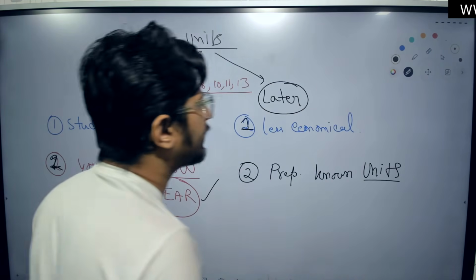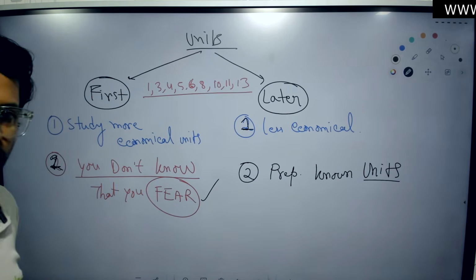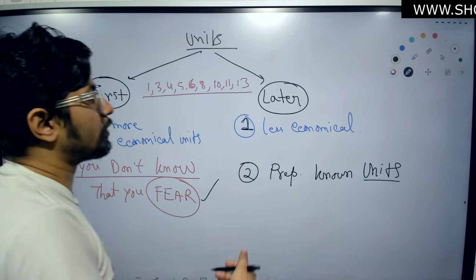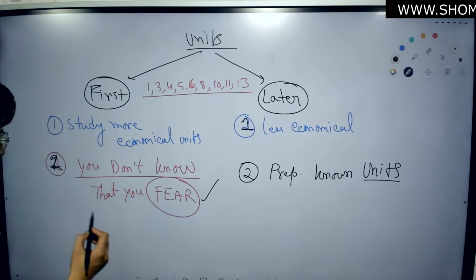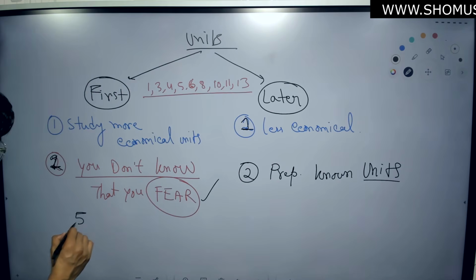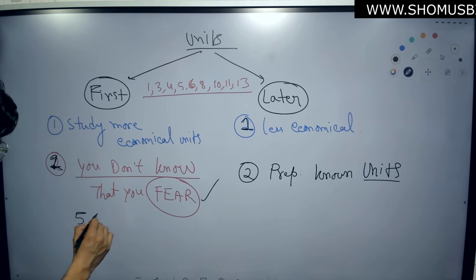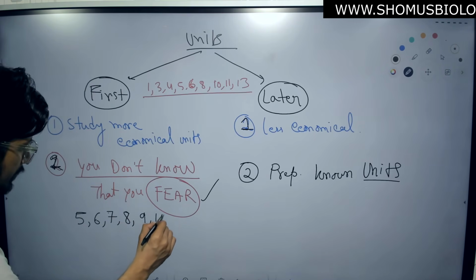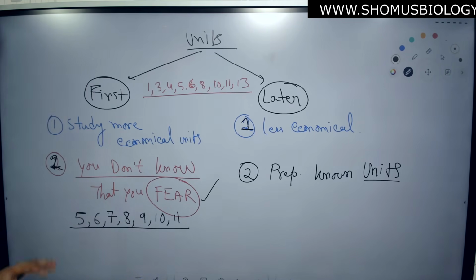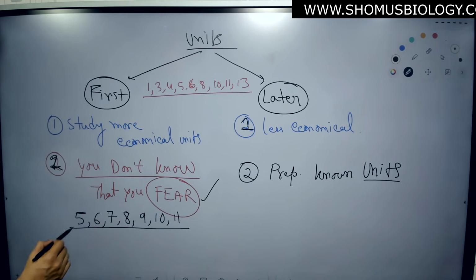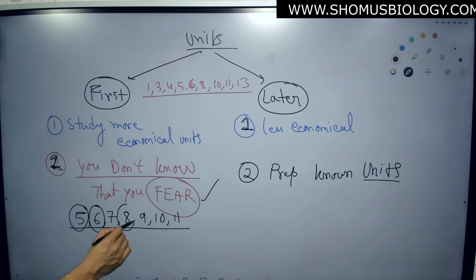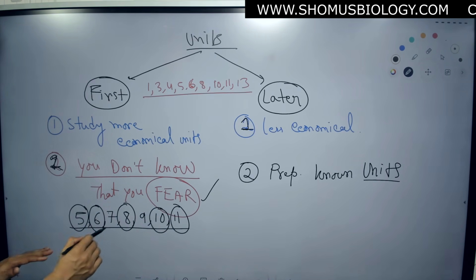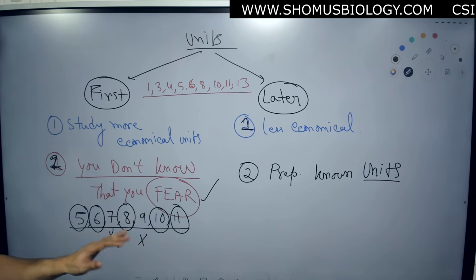Let's say if you are from a microbiology background, as I was while preparing, the units that are not covered in our syllabus were unit 5, unit 6, unit 7, unit 8, unit 9, unit 10, unit 11. So these units are unknown to me. So I'd go with unit 5, unit 6, unit 8, unit 10 and 11 at the earliest stage of my preparation. I'll exclude unit 7 and 9 because they are less economical.